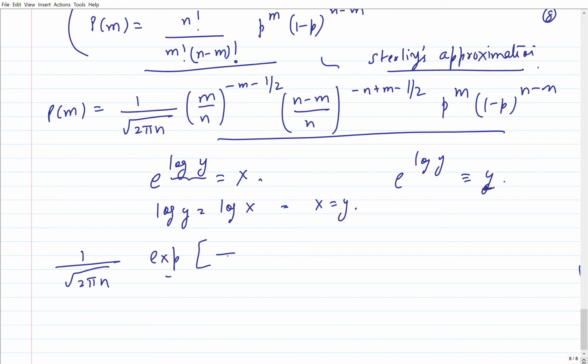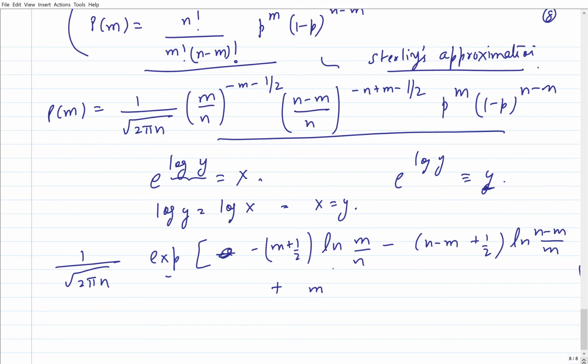So exponent the log of this jazz, which is going to be minus m plus half. So don't crack your head on it. It is just algebra. If you see the notes and do it yourself, you will arrive at the same answer. I don't know how better to explain algebra. We'll try to go as much step by step as possible.